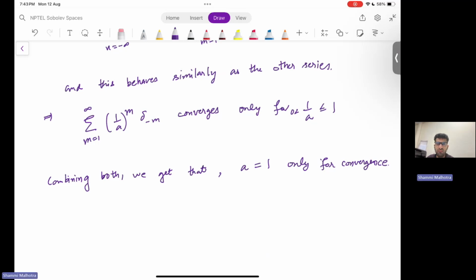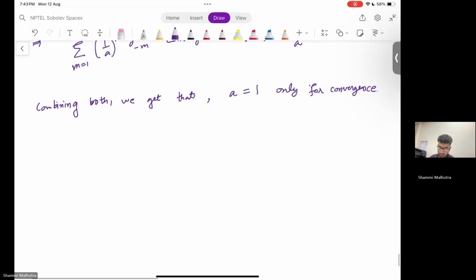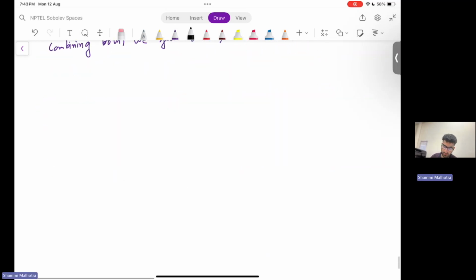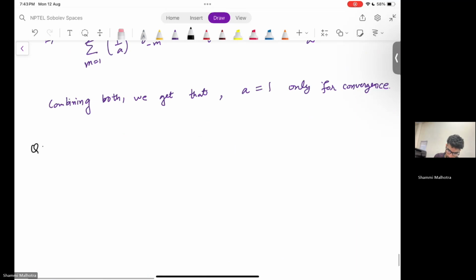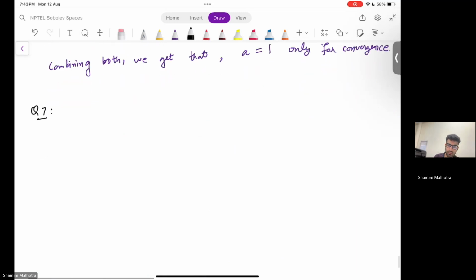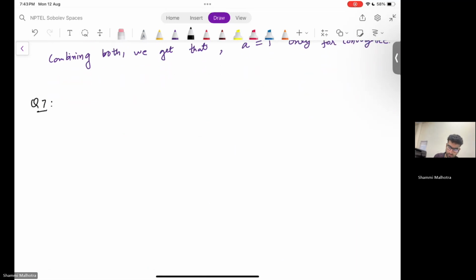Next, what do we have here? We have something about convergence. We will see one particular example where we see divergence of a particular series. Let a_k be equal to e raised to the power of k square.